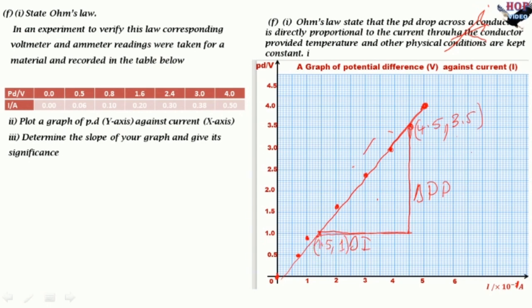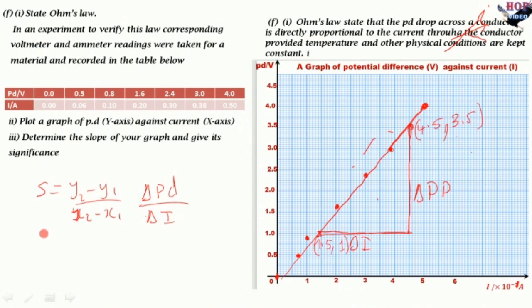So we remember that the slope of a graph is always given by y2 minus y1, all over x2 minus x1. In this case, our y is PD, so it's going to be change in potential difference all over change in current. So to find the change, we simply take y2, which is 3.5, minus y1, which is 1 here.